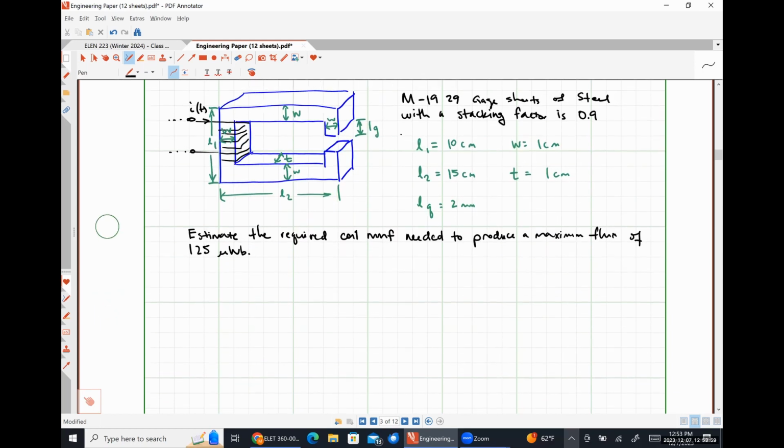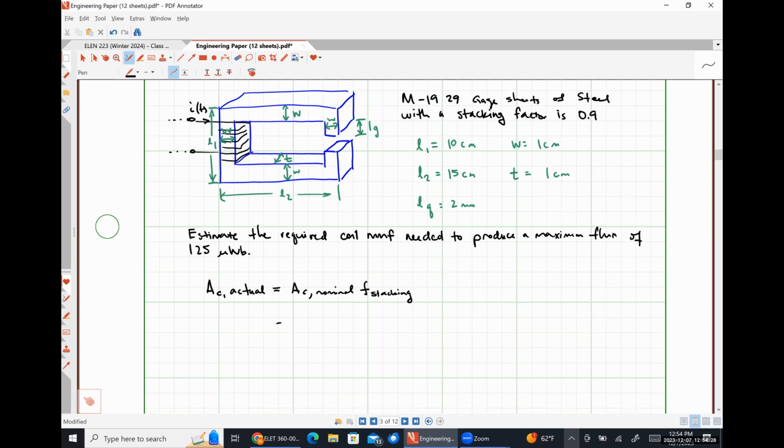So I'm going to call this AC, so core actual. And this is going to simply be the nominal core area times our stacking factor.